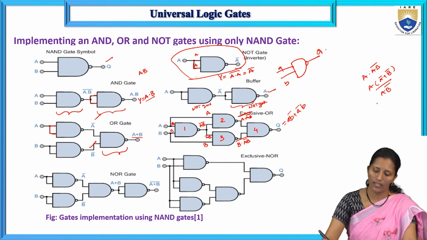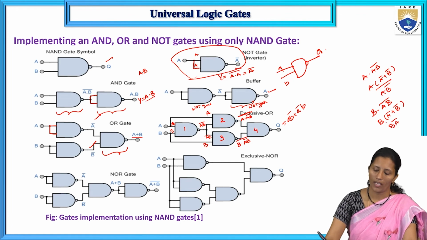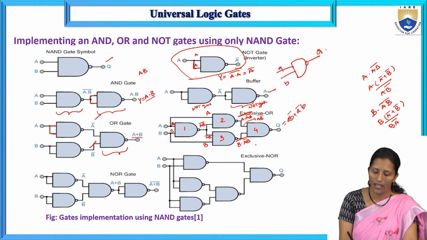Another one is equal to B into (A bar plus B bar); B into B bar is 0, so we get B into A bar, and we have another invert symbol. So both the inputs here are (A B bar) whole bar and (B A bar) whole bar.